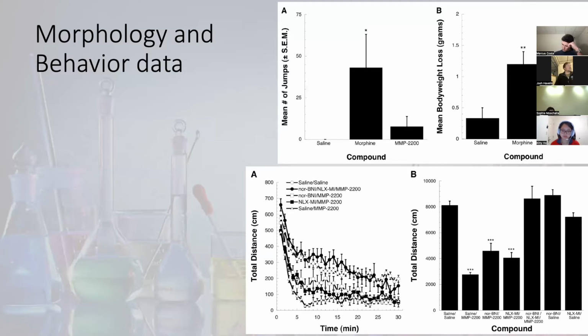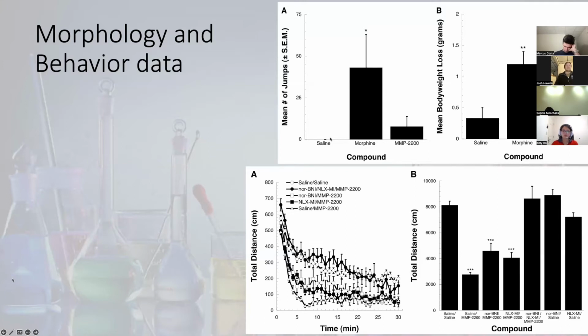They become physically dependent on it. And then after a certain number of days, we basically precipitate withdrawal from those opioids, right? So we have physically dependent mice, and we're going to send them into opioid withdrawal. Over here, we have saline-treated mice, morphine-treated mice, and then this experimental compound that I brought up a few times throughout class, MMP 2200.